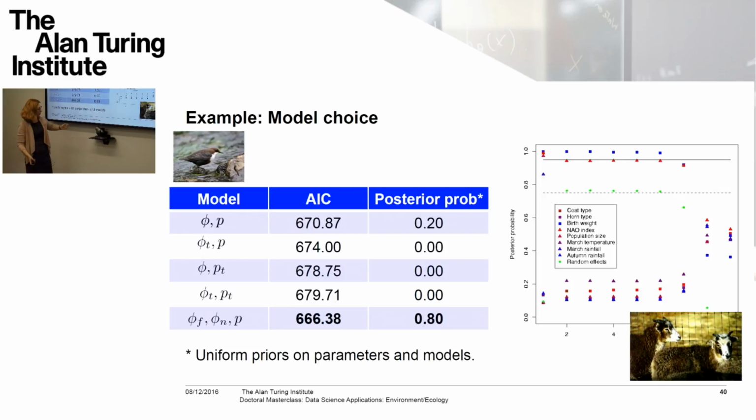The survival probability could have been a function of up to 8, and we had some other things as well. And what we have in the plot is the posterior probability that that covariate was important, or the survival probability was a function of that covariate, for different ages of the sheep. So just to highlight, you can get much more complicated structures going on.